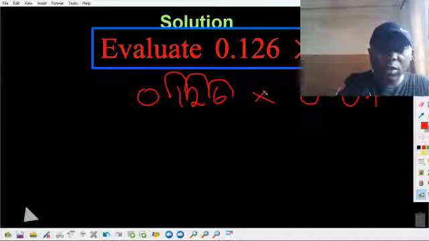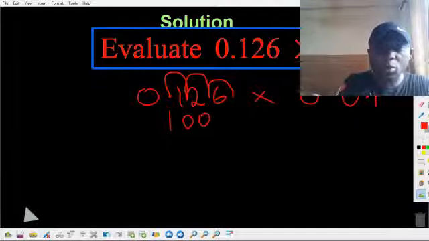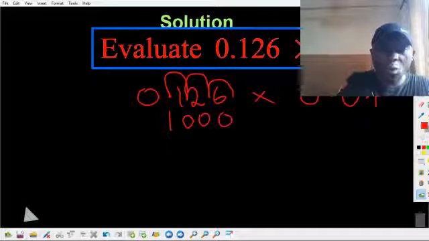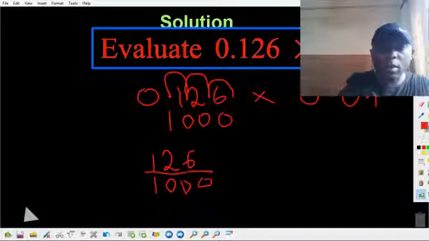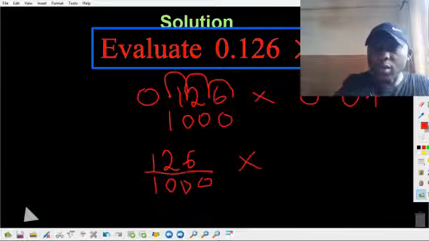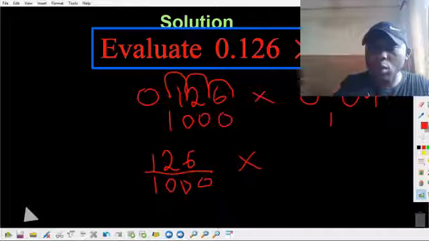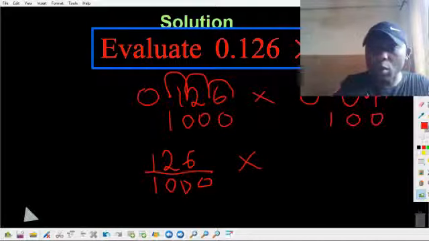The last decimal here will turn out to be 1, and these numbers will be represented with 3 zeros. So we have 126 over 1000. Multiply by, you do the same thing here: because we have 2 decimal places, we count 2 decimal places, 1 0 0. So we have 4 over 100.